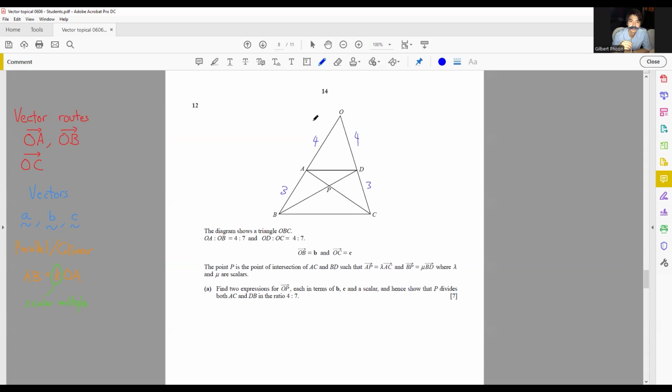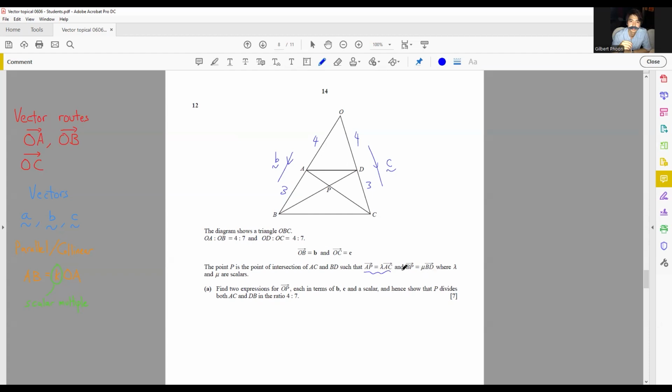OB is actually B. So we know that this whole thing is B, right? Vector B. And OC is C. Okay, vector C. Point P is the point intersecting AC and BD, such that AP is equal to lambda AC and BP is equal to mu BD.